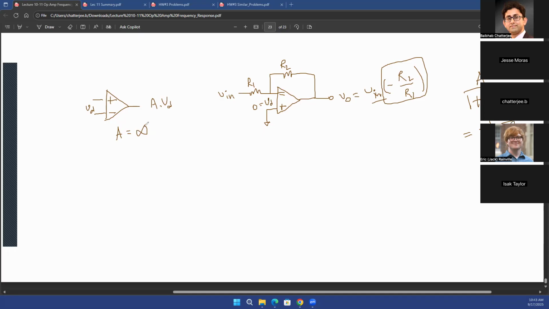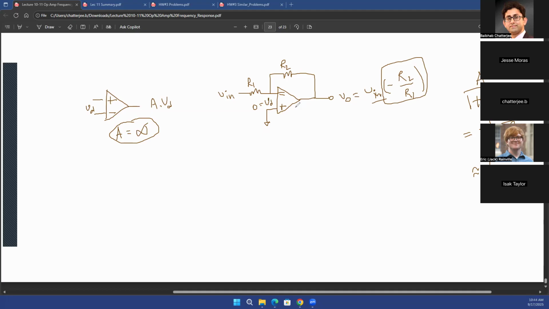Because A is tending towards infinity for an ideal op-amp, your 1 over A is 0. So this will be almost equal to just 1 over beta. So you see that when you have the circuit implemented with feedback, your gain itself has changed for the system. The gain is not infinite anymore. The gain is totally a function of beta. It's not even a function of A anymore.